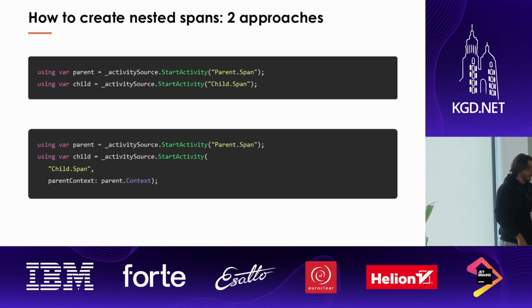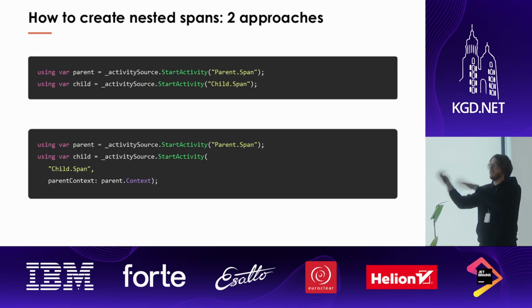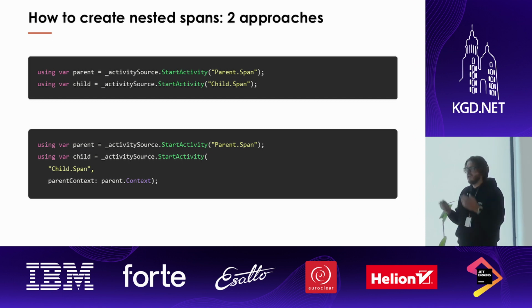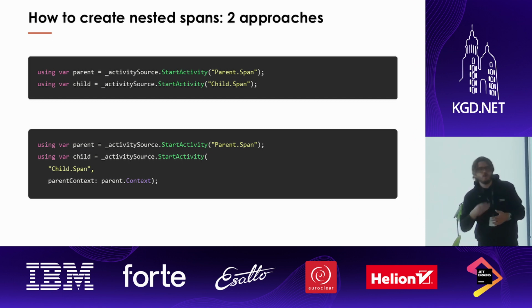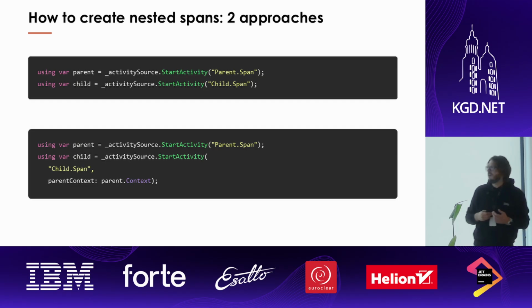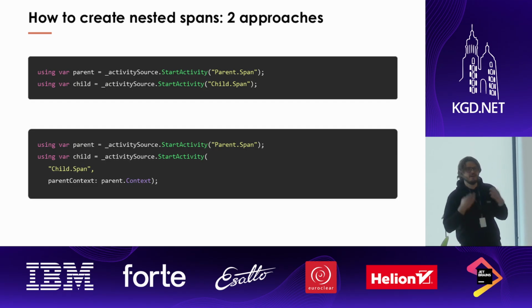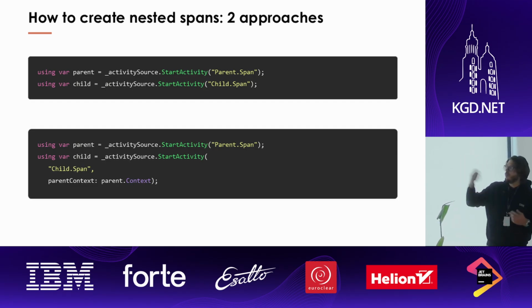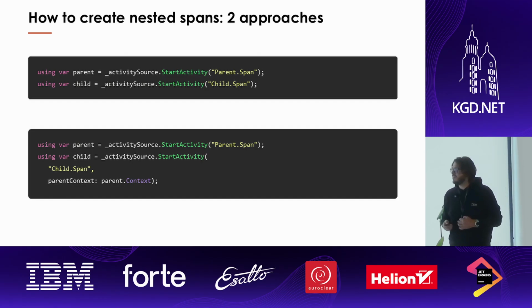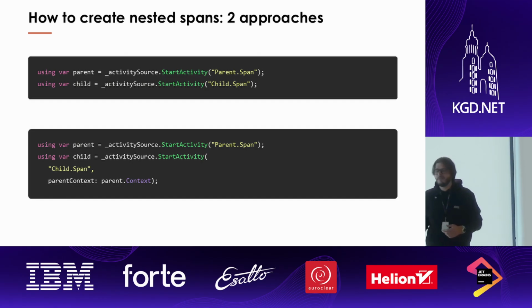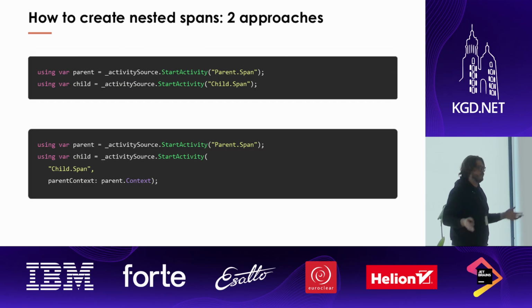But yeah, now about nesting. I said that it's an important feature which was added in activity source. But how does our code, our system diagnostics, understand that one particular activity is a parent of another one? Actually, you have two options.